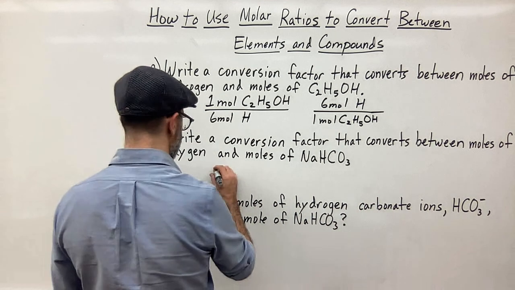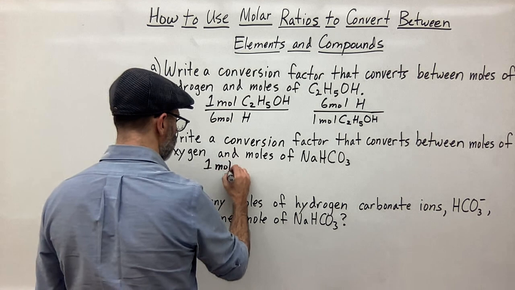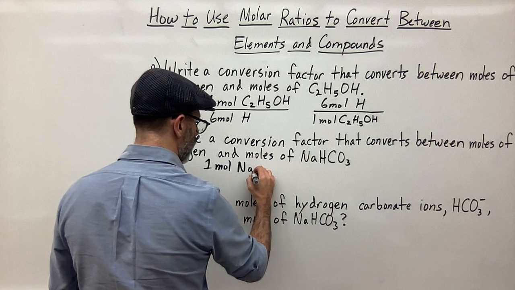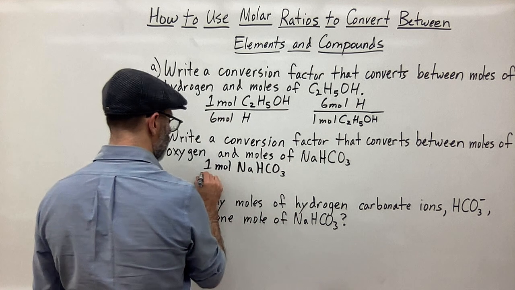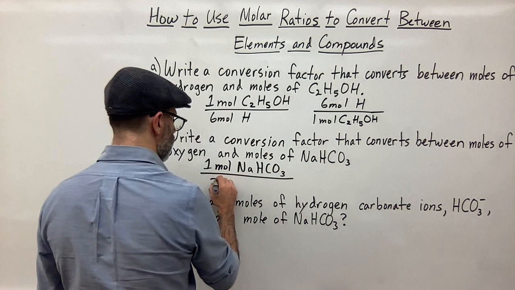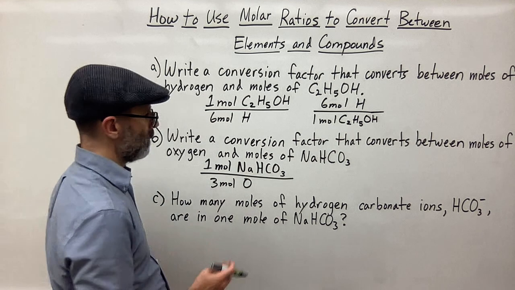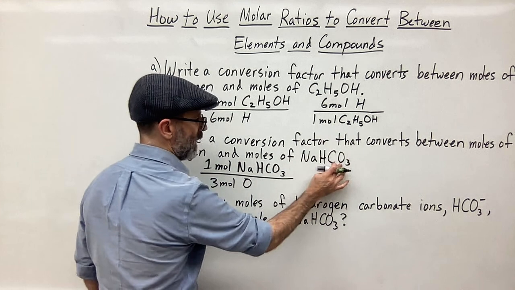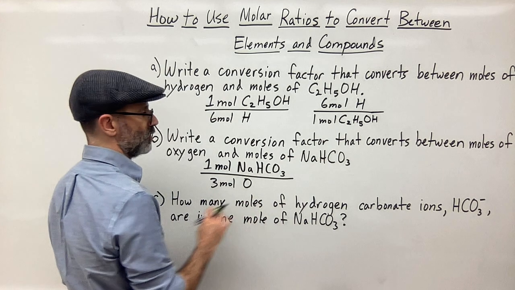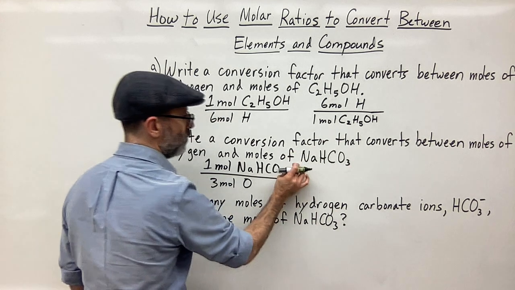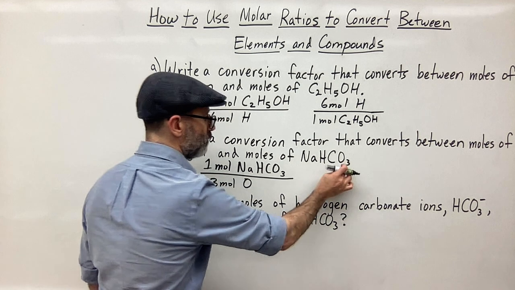So I write the ratio like I did before. So 1 mole of NaHCO3 over 3 moles of oxygen. Because you can see that every one of these has 3. So if I have 2 of these, then I'll have 6 oxygens. If I have 3 of these, then I'll have 9. If I have 4 of these, then I'm going to have 12.